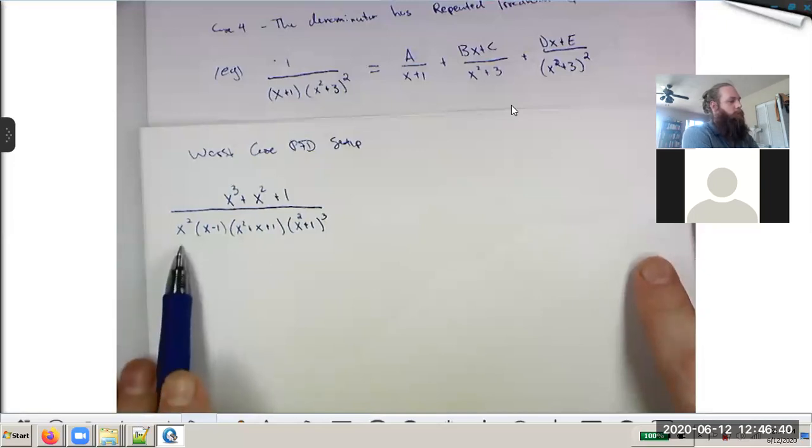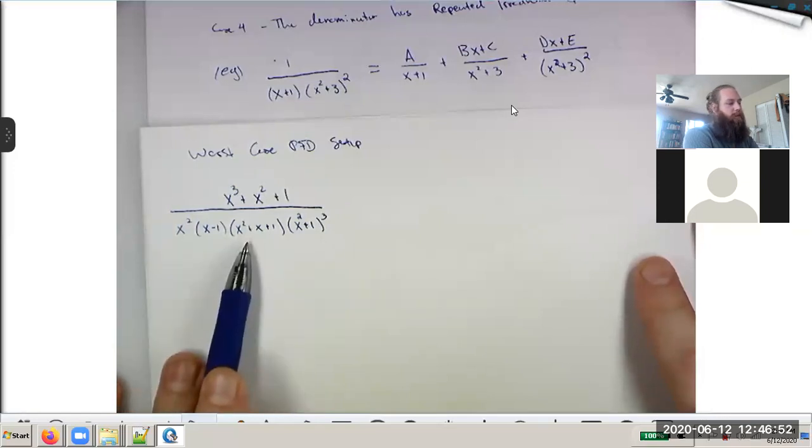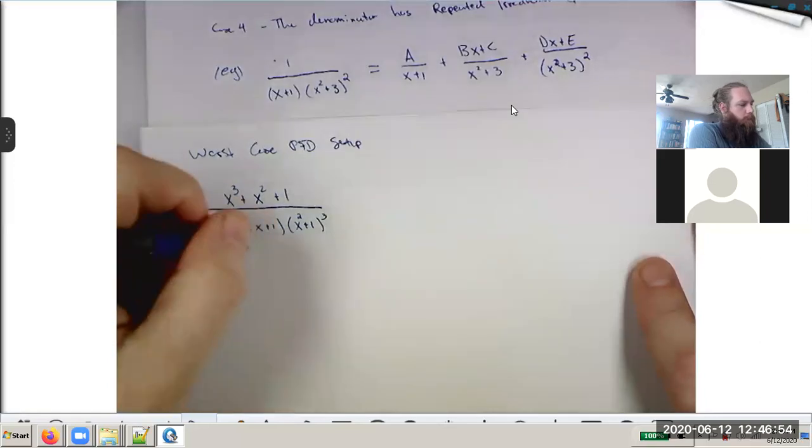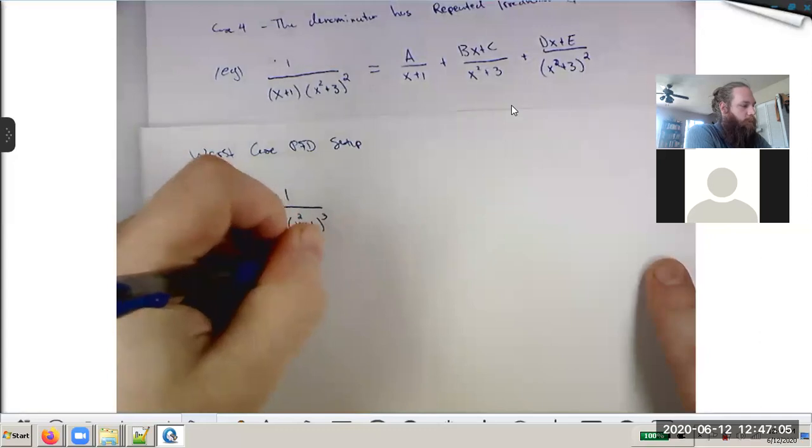This guy is going to give me 2 terms, and they're each just going to have a constant upstairs because he is a linear factor that is repeated twice. This guy is a linear non-repeated factor. This guy, I need to ask, is he irreducible? Because it's not obvious right away that he is. This guy is irreducible.